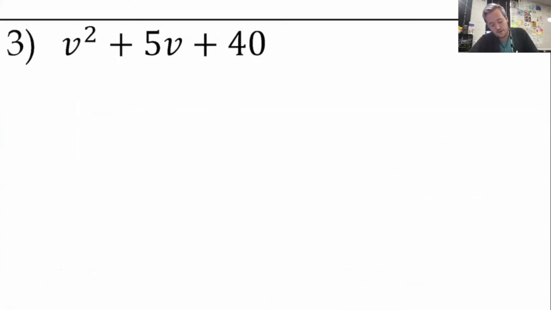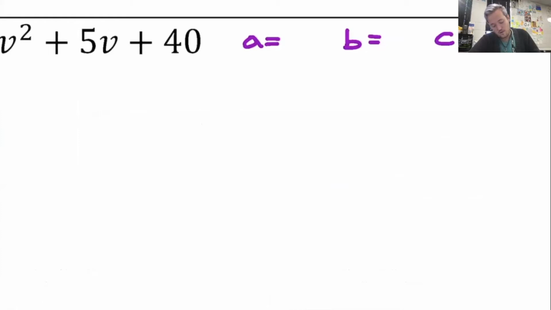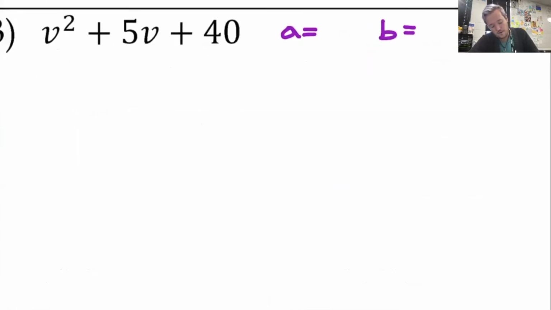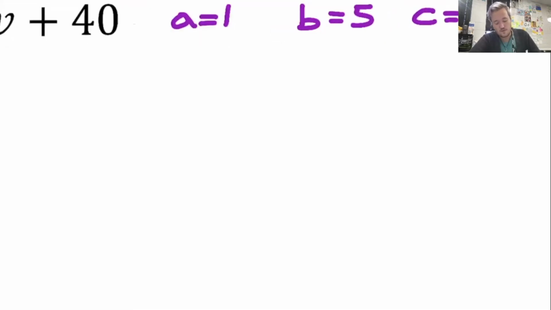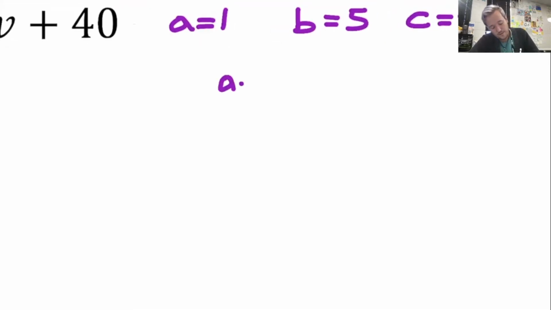All right, so looking here at number 3. We want to find the A, B, and C values first. All right, so A value of 1, B value of 5, C value of 40. Once again, we want to do our A times C. So 1 times 40, which gives you 40.